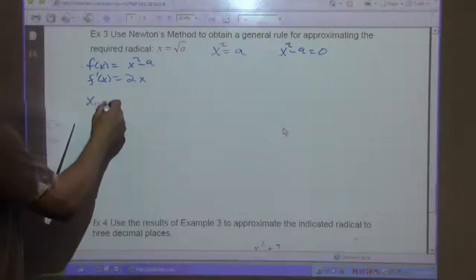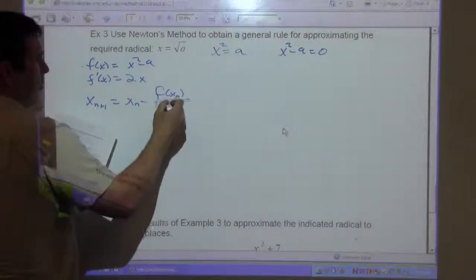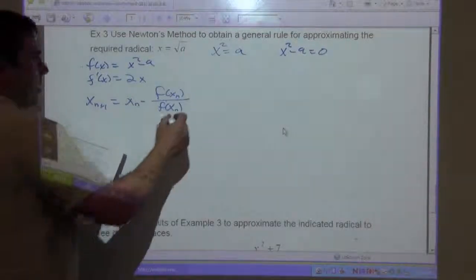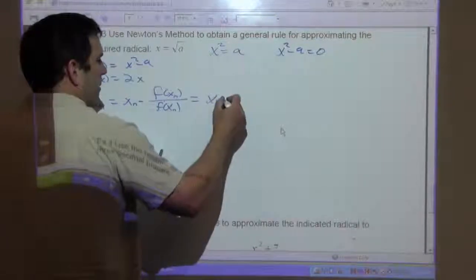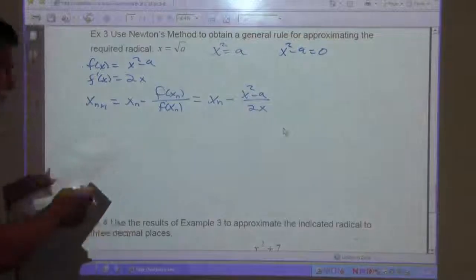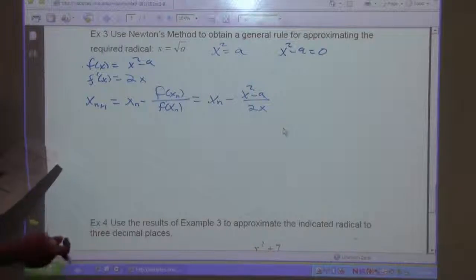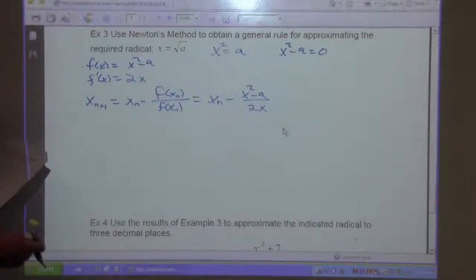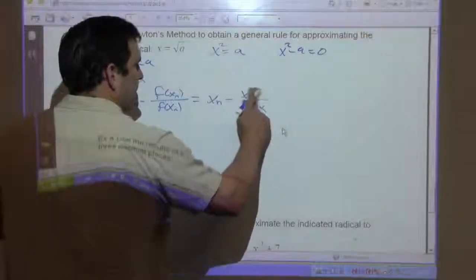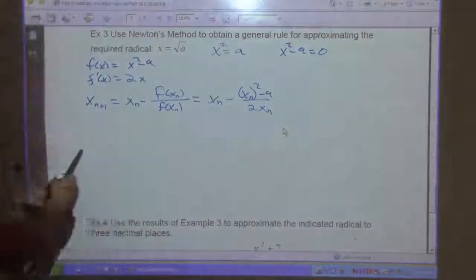So x sub n plus 1 is going to be equal to x sub n minus f of x sub n over f prime of x sub n. So in terms here, x sub n minus x sub n squared minus a over 2 x sub n.